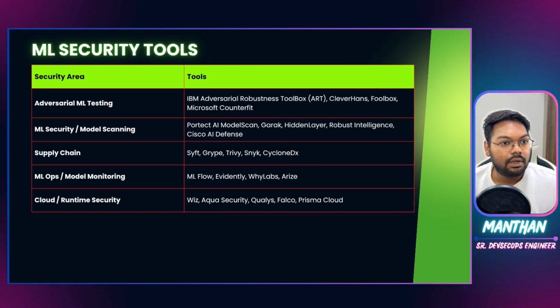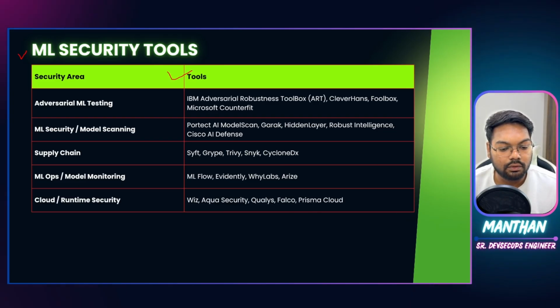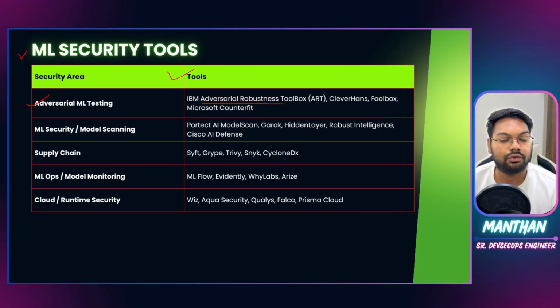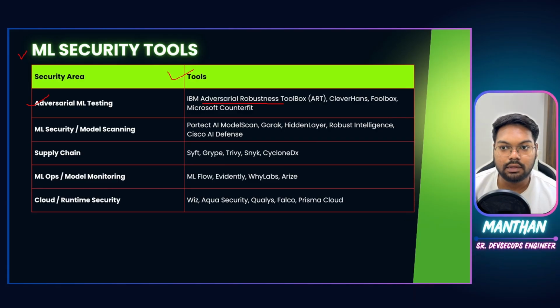And lastly, we will be discussing different ML security tools that we can use. Different security areas have different tools to address them. For adversarial testing, as we heard earlier, IBM's ART, the Adversarial Robustness Toolbox, is one which covers a lot of things.